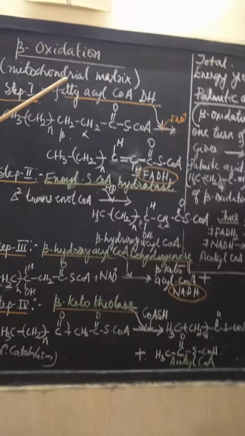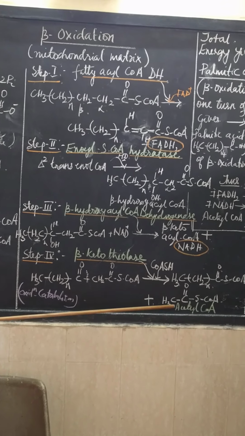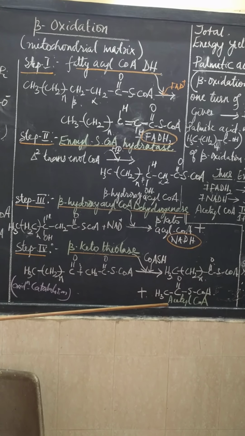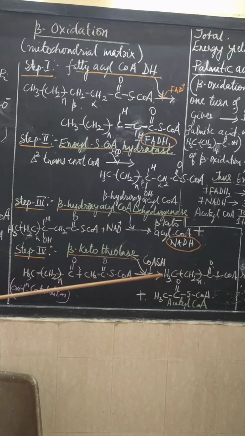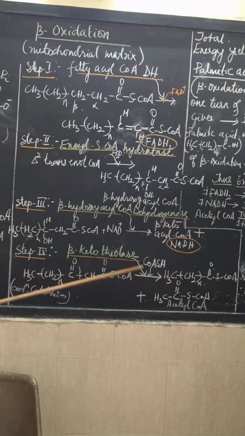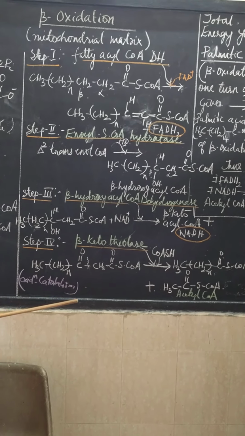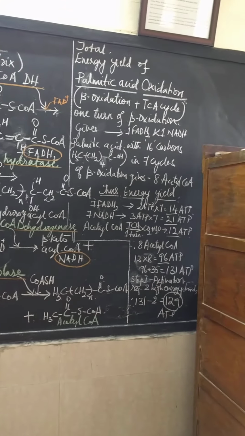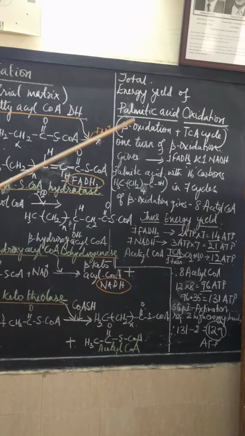Now you know that these reactions are happening in the mitochondrial matrix. I got a molecule of acetyl-CoA. Acetyl-CoA, you have already learned, can enter the TCA cycle, which is also happening in the mitochondrial matrix. Now let us come to the energy yield of one molecule of fatty acid.